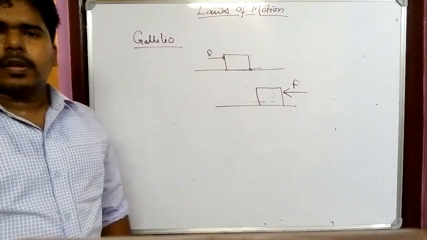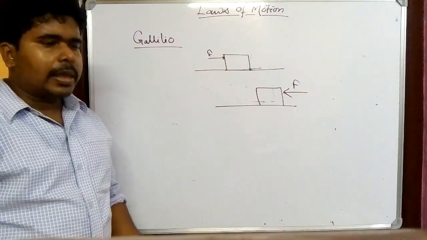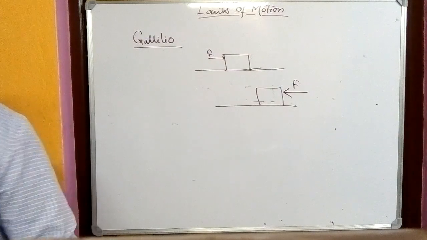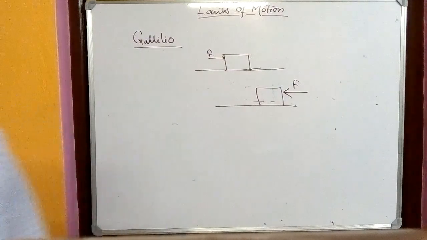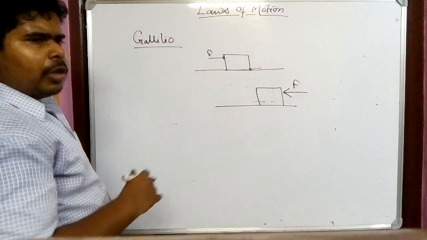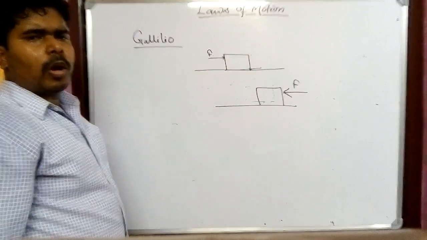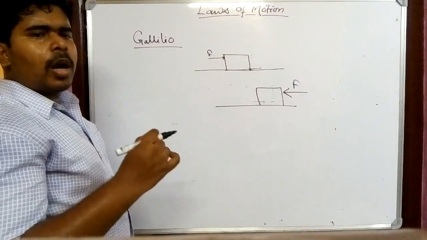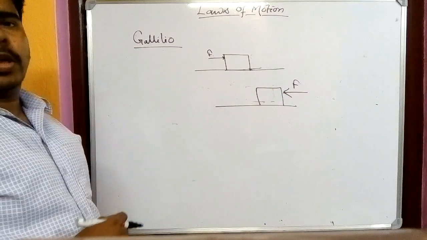Then you think, sir, our practical example is totally different. If I apply the pedal to a cycle, then only the cycle will move. If I stop the pedal, the cycle also stops. Galileo told us the cycle stops due to another opposing force acting on it.